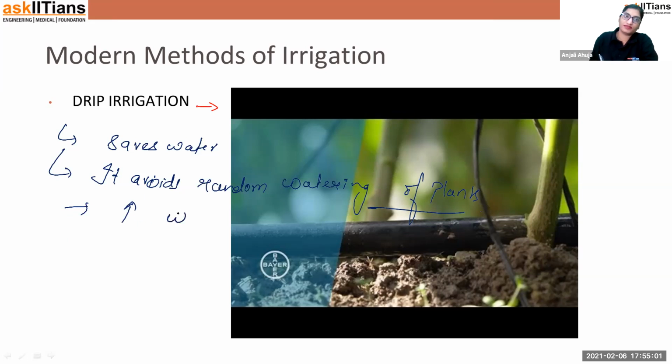It improves water holding capacity of soil. So I suppose now this point is really very important. This is very easy. And I suppose drip irrigation and sprinkler and all about the types of irrigation, that's very clear to you. Let's move forward.